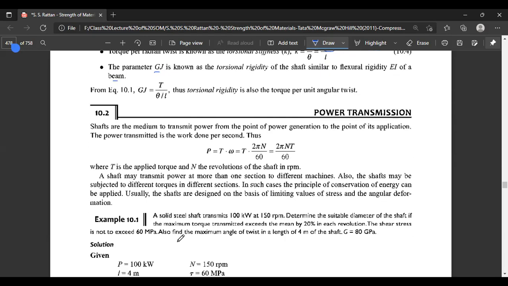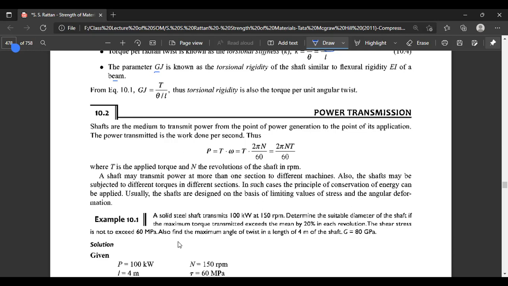What is power transmission? Shafts are the medium to transmit power from the point of power generation to the point of its application. The power transmitted is work done per second.